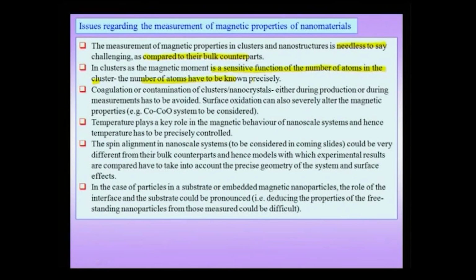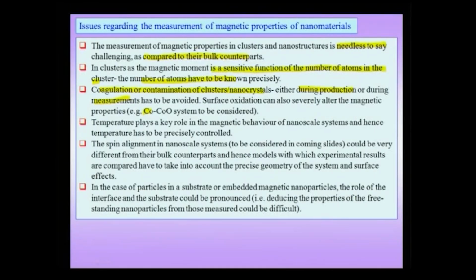Coagulation and contamination of these clusters and nanocrystals is a serious issue, and this contamination may take place either during production or during measurements and has to be avoided, because small amounts of contaminants can severely alter the properties of these magnetic nanoparticles. A good example of this would be the surface oxidation of the cobalt magnetic particle.